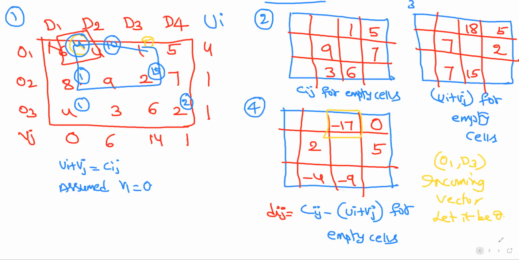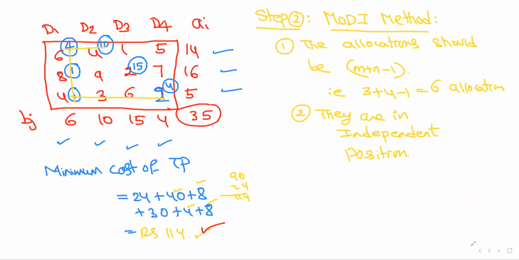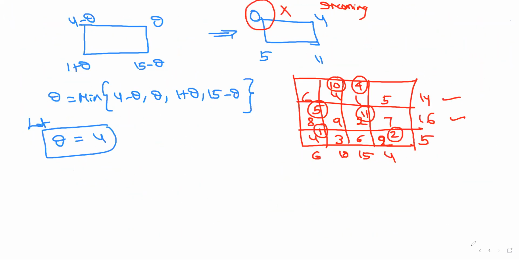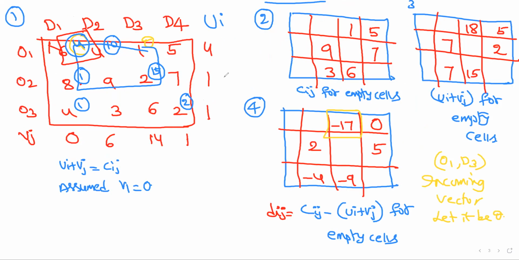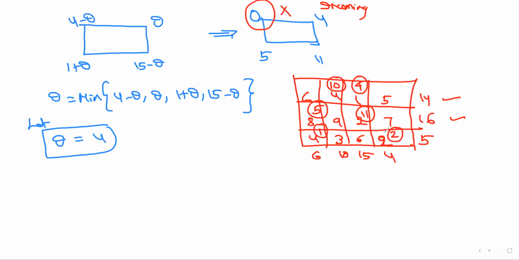One more is left. For 2, 4 is there. This is 4. 4 plus 1, 5 correct. And here 6, 10, 15, 4 correct.